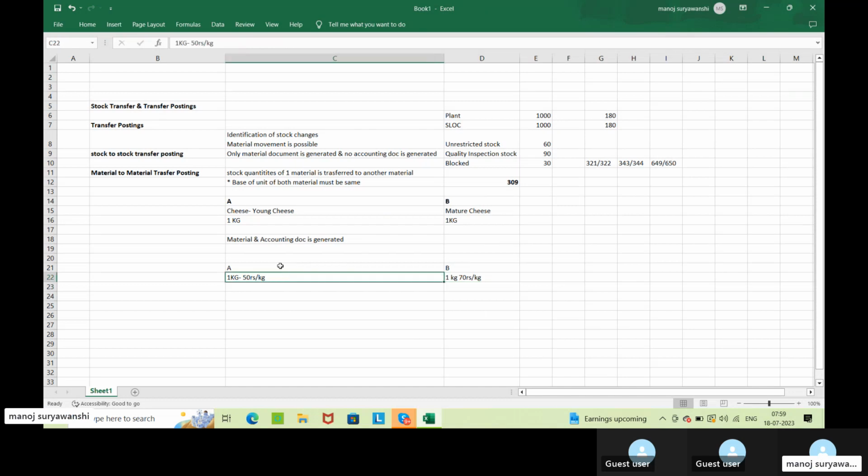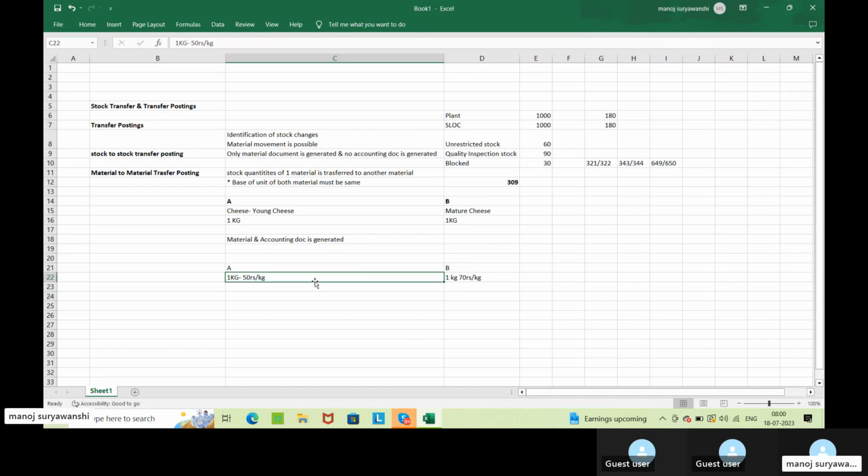Now, when you are transferring this A to B, 1 kg, you are also transferring the price of 50 rupees. क्योंकि ए 1 kg खत्म हो जाएगा तो इसका प्राइस 0 हो जाएगा, तो इसके स्टॉक अकाउंट से ये 50 रुपए माइनस हो रहे हैं. That 50 rupees you need to offset somewhere, right?